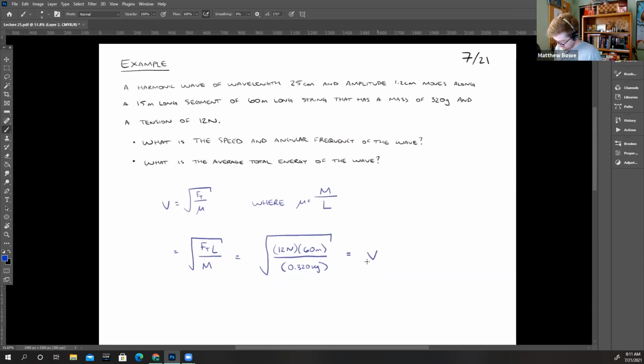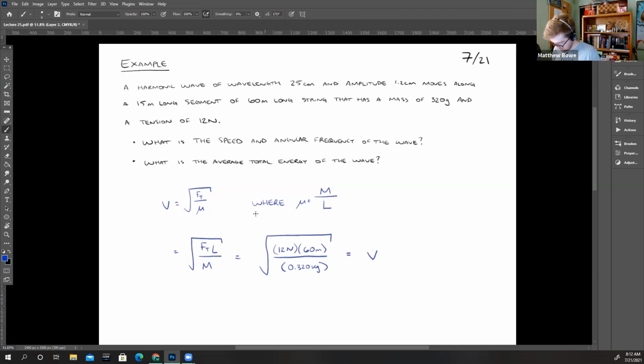All right. Hey, morning. We're going over a small example from the start of last week's class. We're asked to find the velocity of this wave on a string. So I'm using the velocity formula for a string, and it uses a linear mass density.